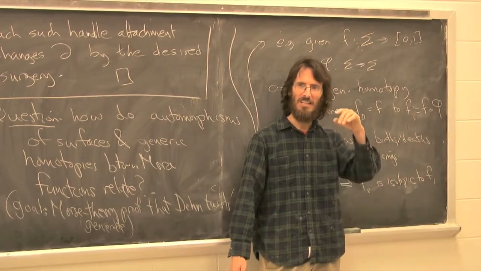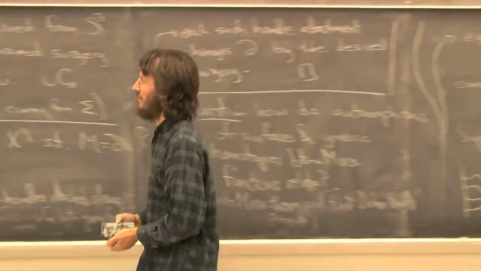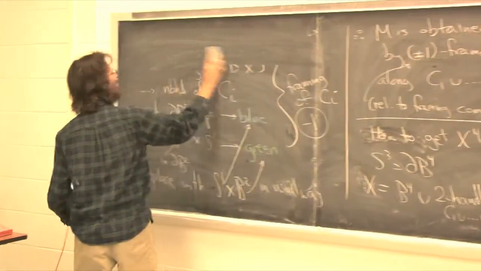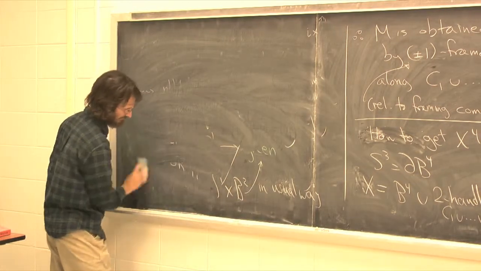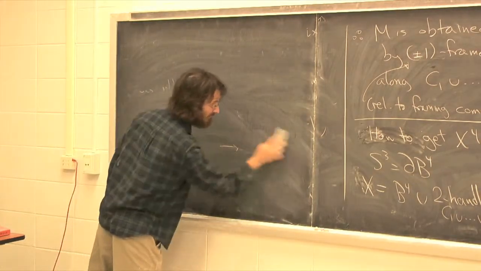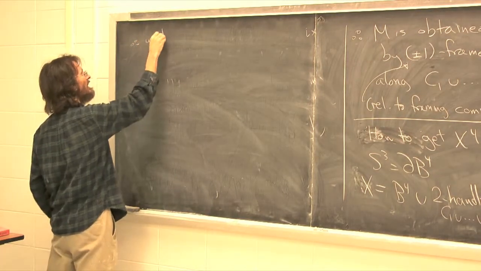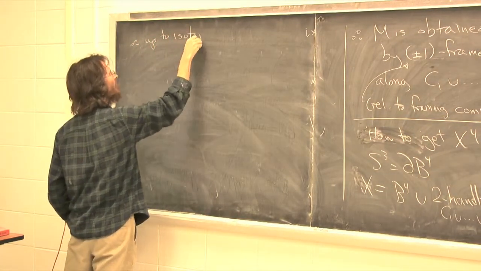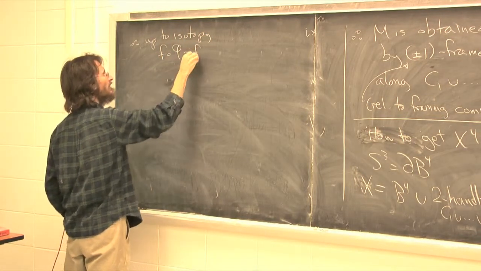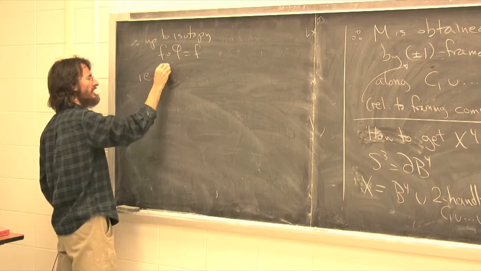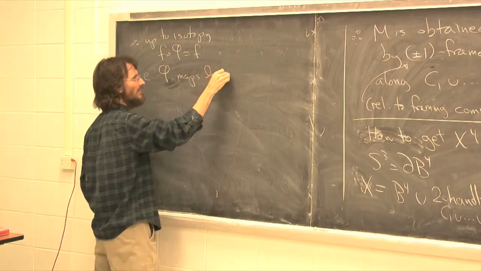That means that phi maps level sets. So up to isotopy, f composed with phi equals f, i.e. phi maps level sets of f to level sets of f.